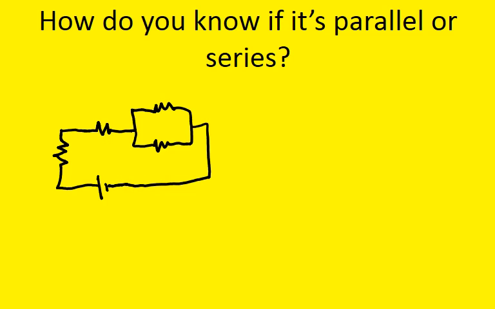If we have the current going from the positive side coming around through our resistor, these are in series with each other, right? But something happens here. The current's going to split. The current splits because there's a split in the wire, and that's how you know if something's in parallel, if the current is going to be going in different directions. And so that's important there.